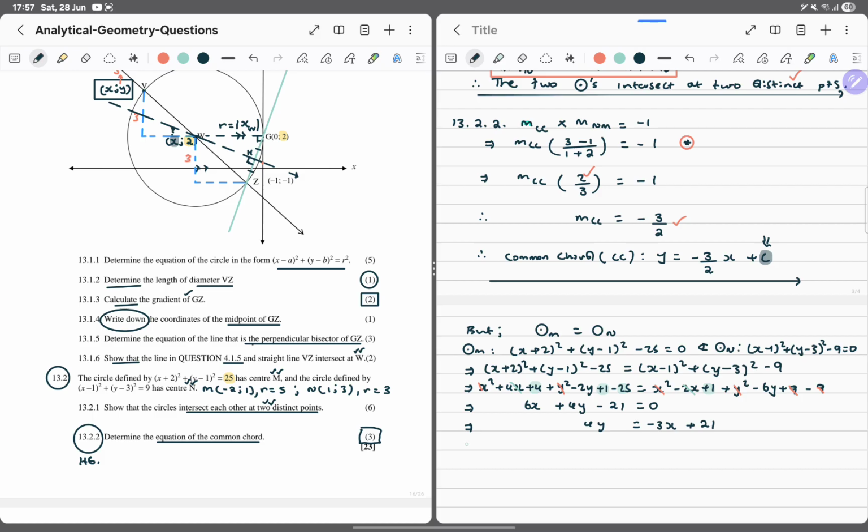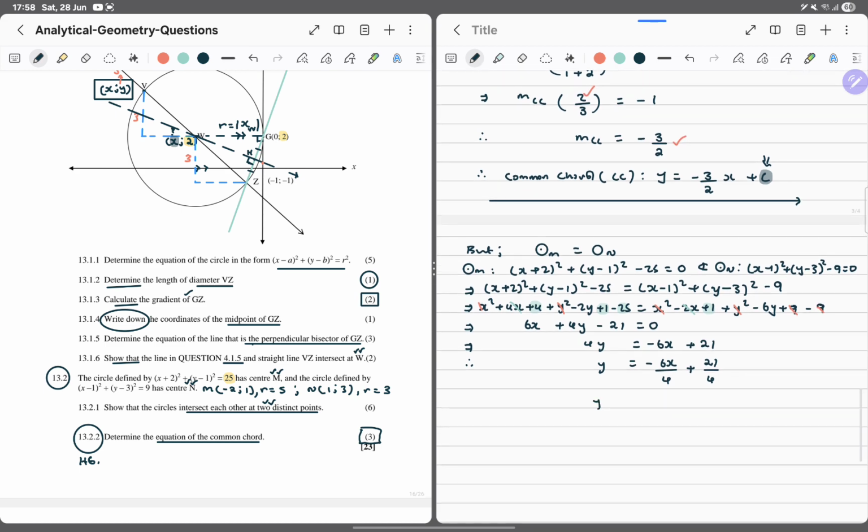Now we divide. We'll say y is equal to minus, this is 6, not 3. So this is minus 6x over 4 plus 21 over 4.